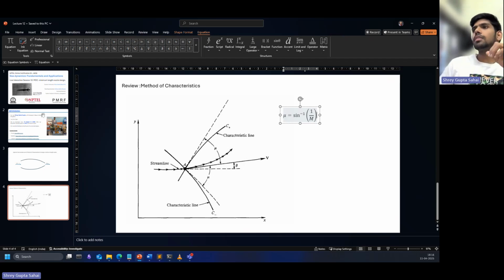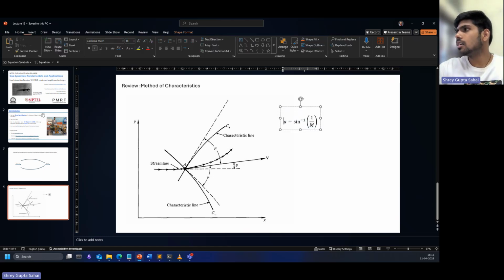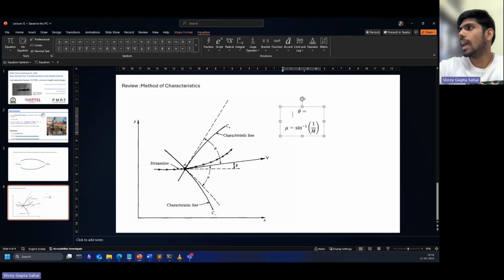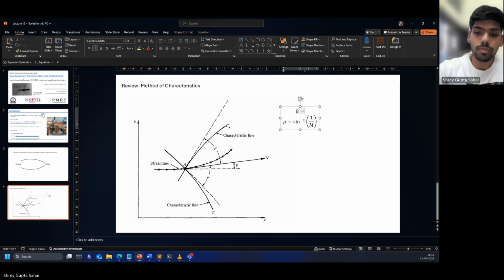This means, locally speaking, the angle at which the characteristic lines are aligned. Before that, let me also mention theta. What does theta imply? Theta is, locally speaking, the angle at which the streamline flow is there.